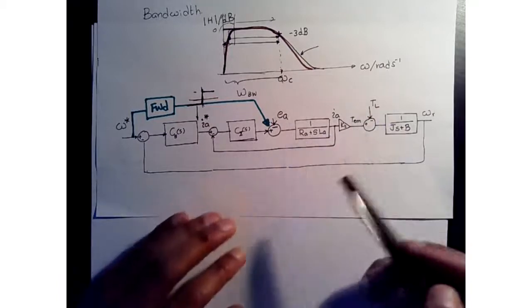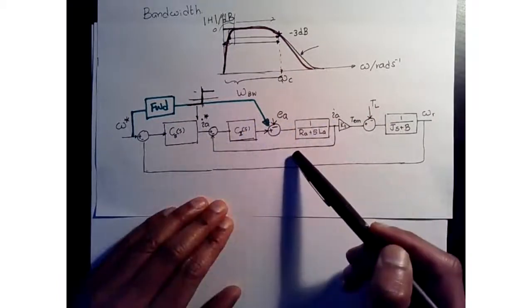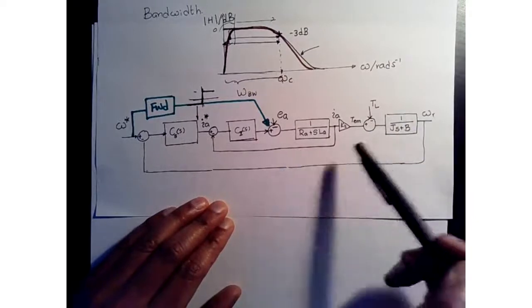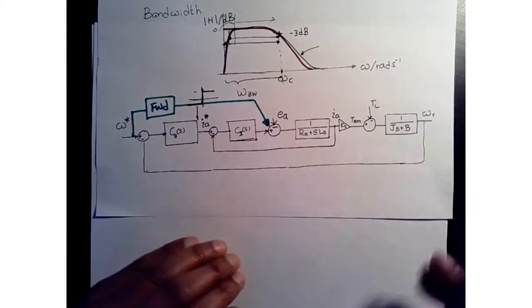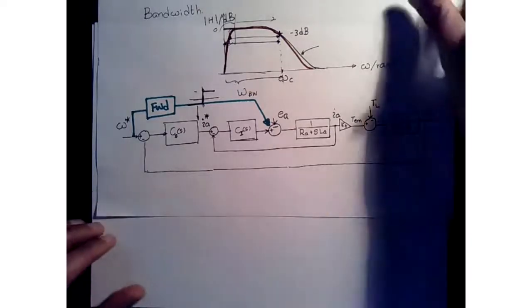Can we comment on the dynamics of the current loop with respect to the speed loop if the speed loop is slower? So if we design that slower, right?